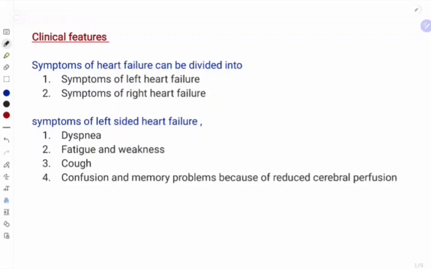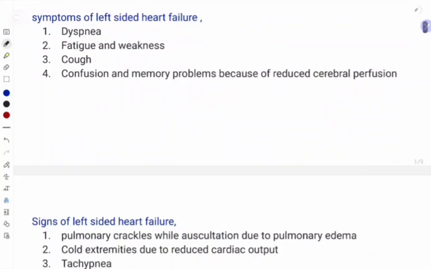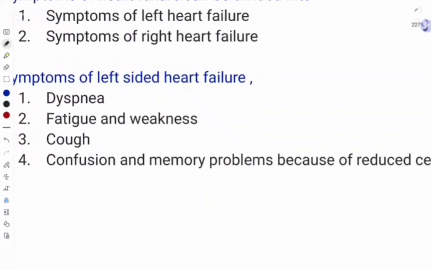In left heart failure, the left ventricle can't pump properly, so the blood accumulates in the left ventricle, then in the left atrium, and furthermore in the pulmonary circulation, leading to pulmonary edema. That leads to dyspnea, fatigue or weakness, because the left ventricle can't pump.